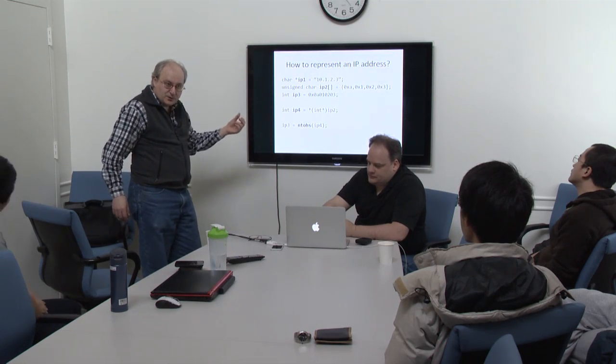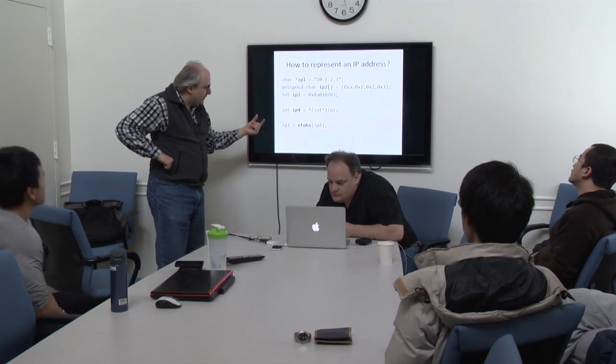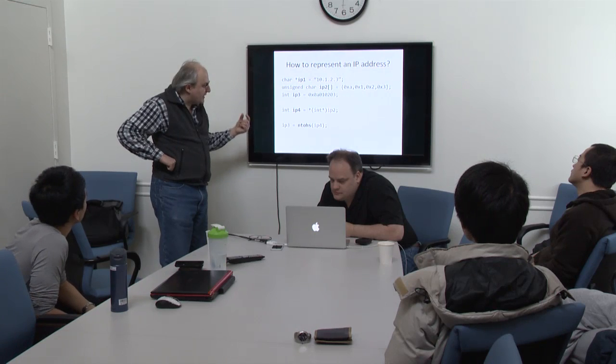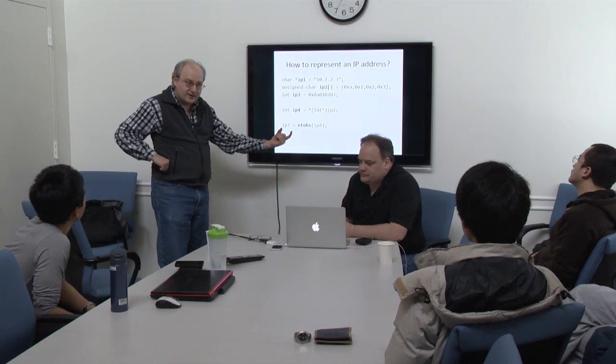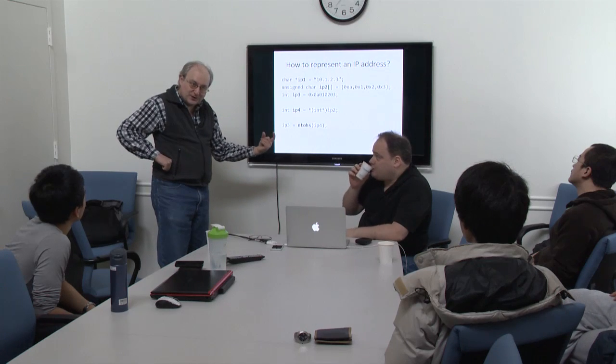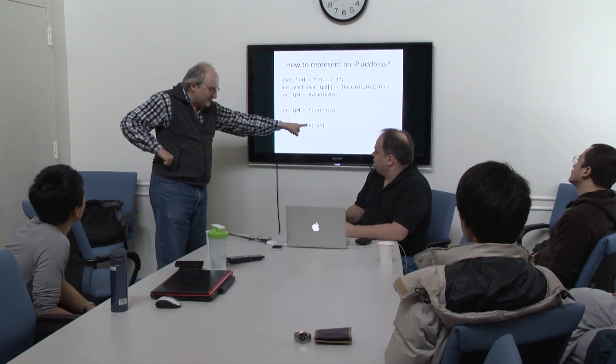Port number is 2 bytes, right? It's a 16-bit number. So before you can actually treat that integer that came to you over the network as an integer in your code, you have to convert it to host order.